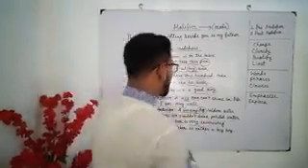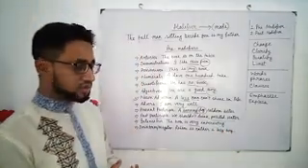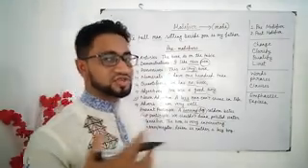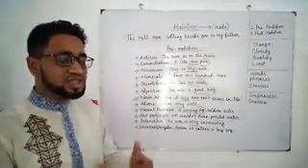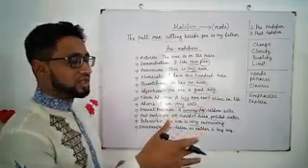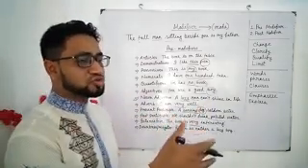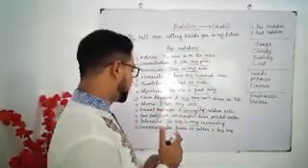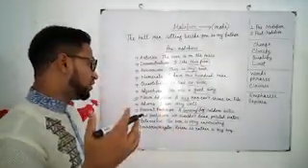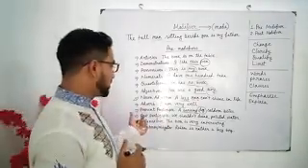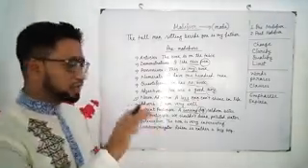Here, the book is not normally interesting, or not interesting. The book is very interesting. Very gives force to the meaning, it intensifies the meaning of the sentence. So here, intensifier can also be a modifier.